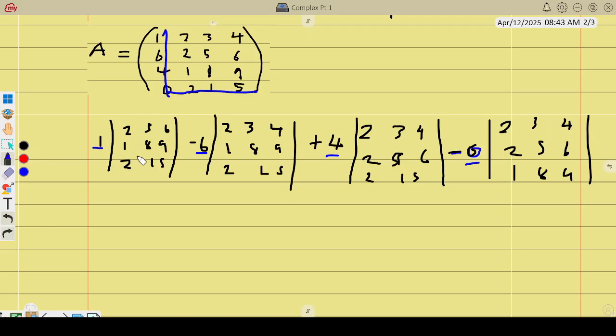Let's say we choose this column, meaning the determinant for this will start with a 2. I've decided to use this column. So let's get rid of where there's a 2.